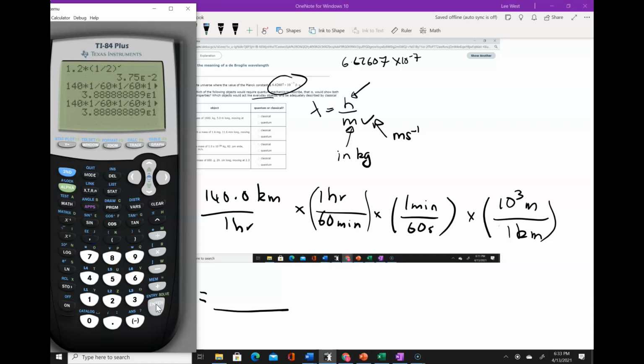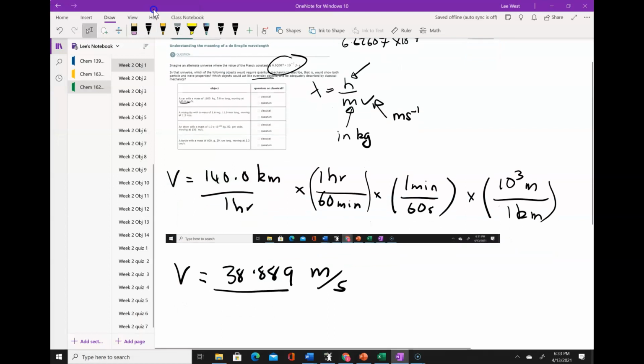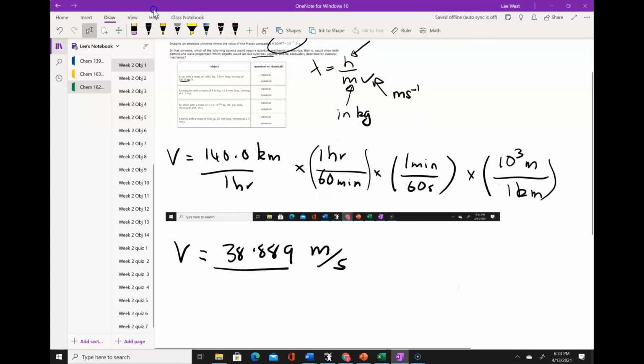So in meters per second, this ends up being 38.88888, right? 38.889 meters per second. So we're ready to go because we've got our Planck's constant, we've got our mass in kilograms, and we've got our velocity in meters per second.